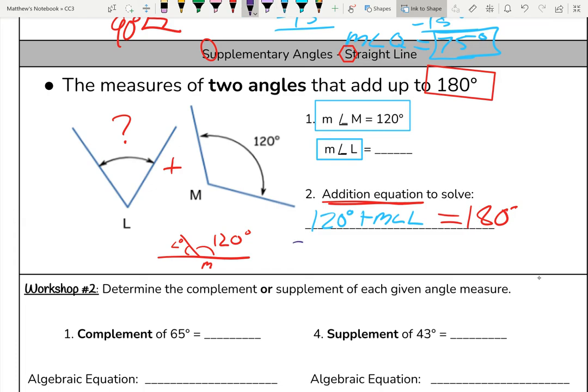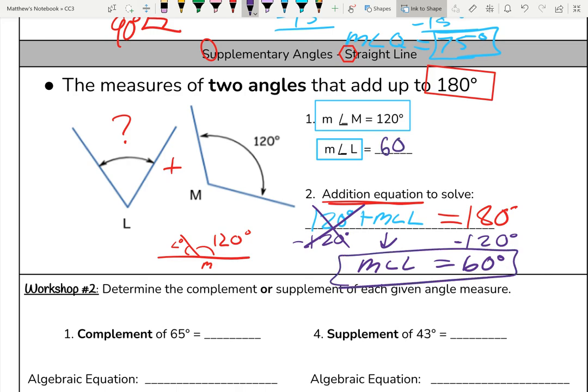So how do I do that? Well, I can subtract 120 from both sides. That leaves me with just the measure of angle L over here and 60 over on the side. And I can check my answer to make sure that's correct. If I do 120 plus 60, that does in fact give me 180.